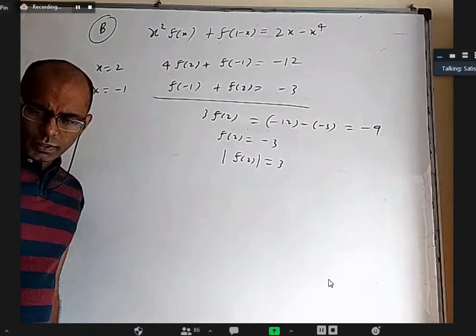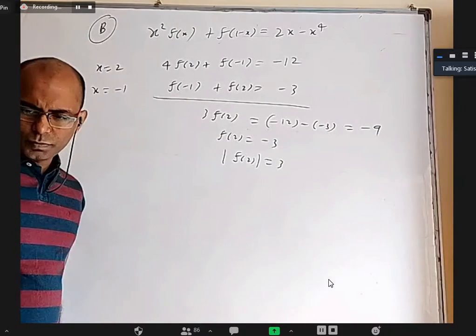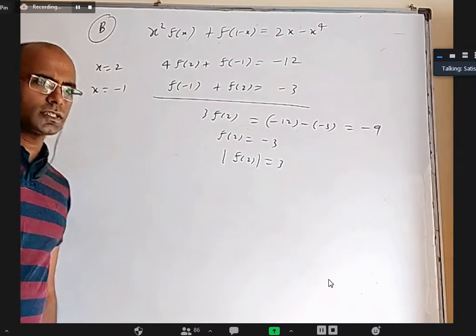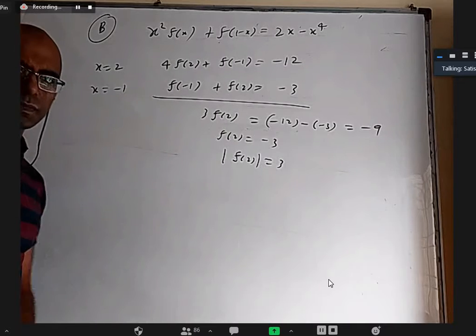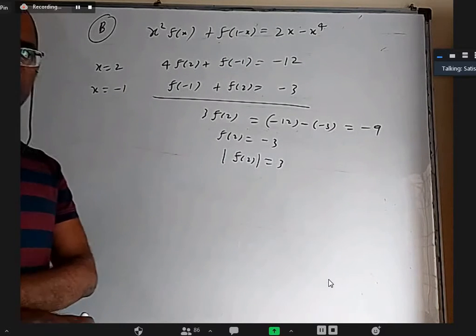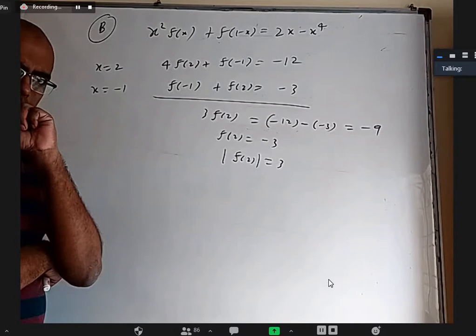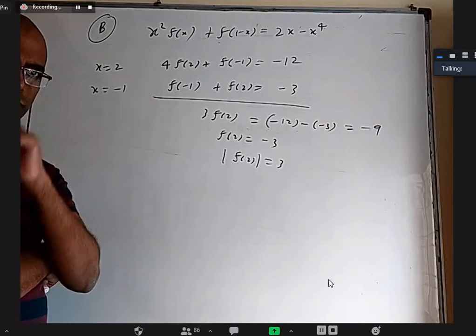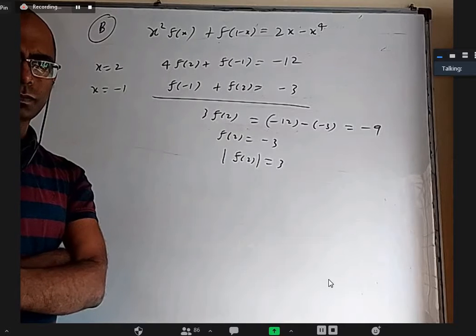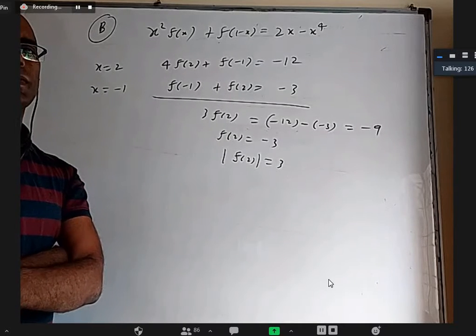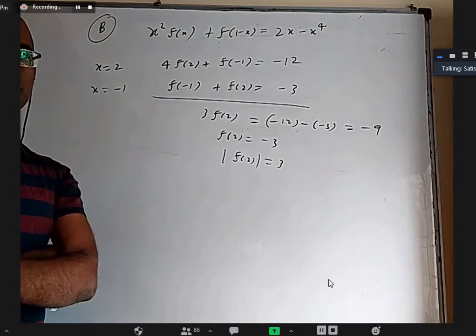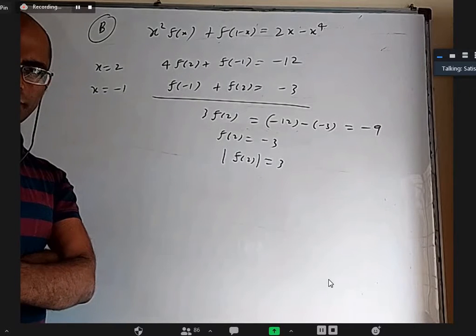I am thinking f of x should be a quadratic expression. What do you say in this question only? I am thinking f of x must be a quadratic expression. Am I correct or wrong? Yes, sir, it should be. If f of x is cubic, what will happen to LHS?